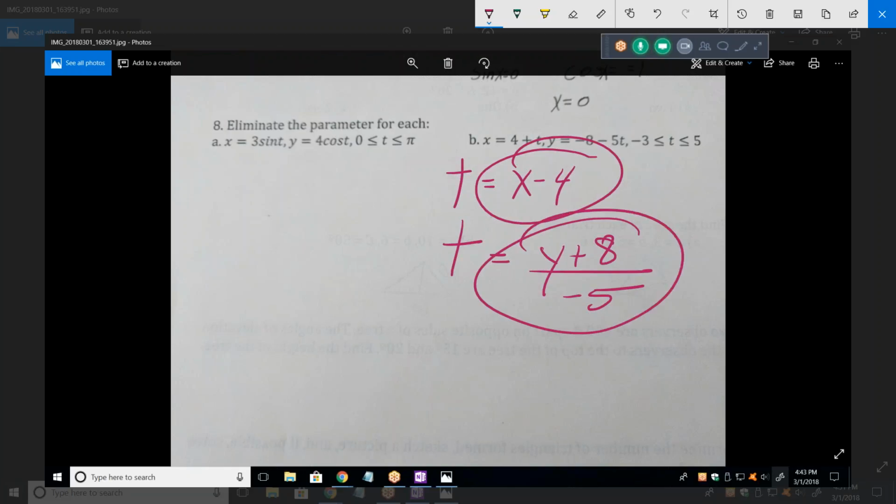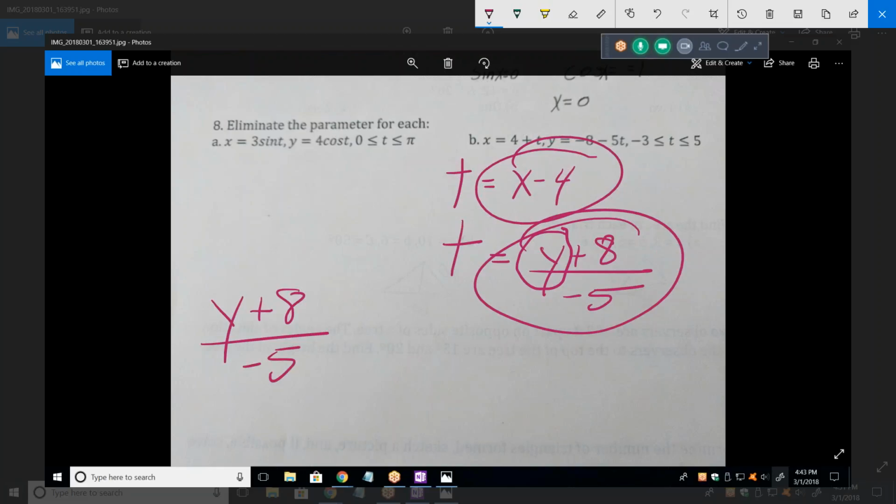What did he say the answer was? Negative 5x plus 12. What did he say the whole equation was? The y equals negative 5x plus 12. He's solving for that. So here I'm going to solve for that, and I'll end up with the same thing.